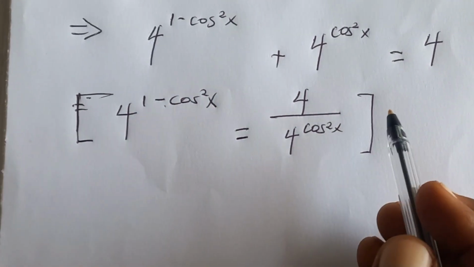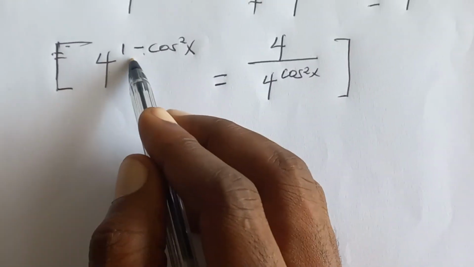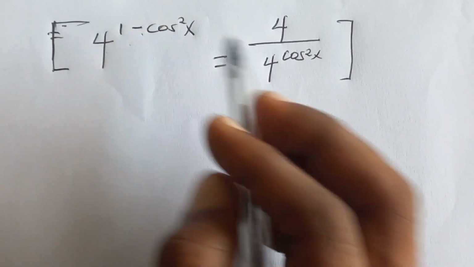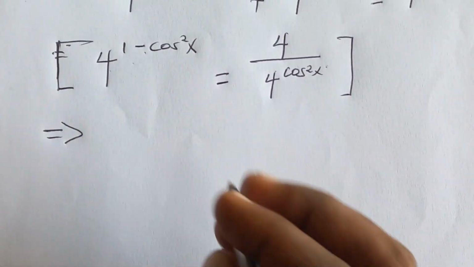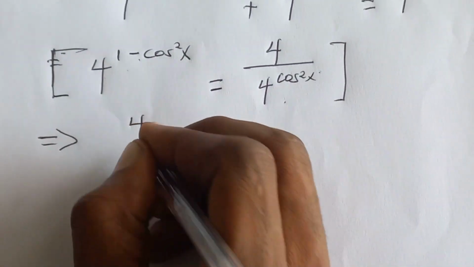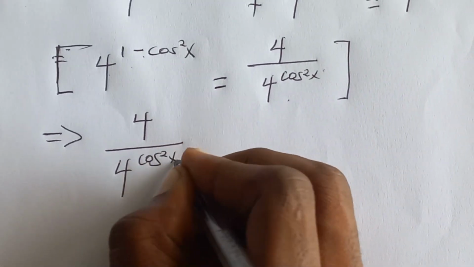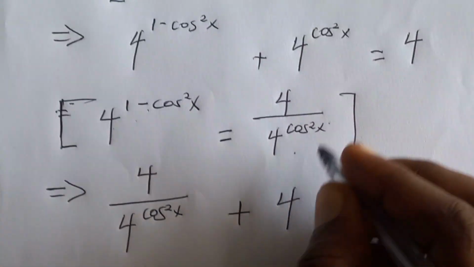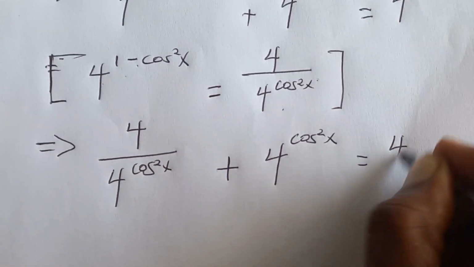In indices, it means that they all have the same base, but they are divided. That's how come it was like this. So we express it back to this. So our equation now becomes 4 on 4 exponent cos squared x plus 4 exponent cos squared x, which is equal to 4.